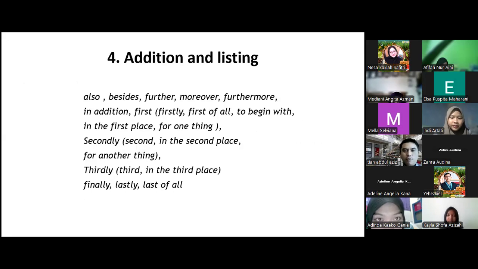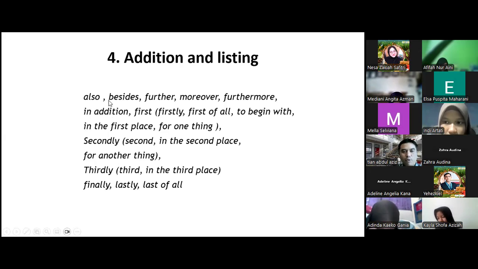Okay, let's move to connectors about addition and listing. Here we have several examples of connectors used for adding or listing.